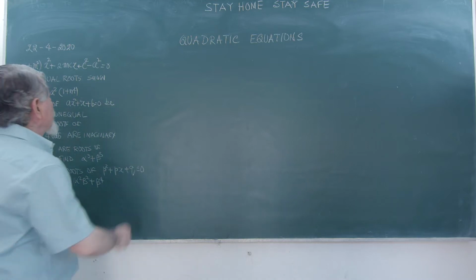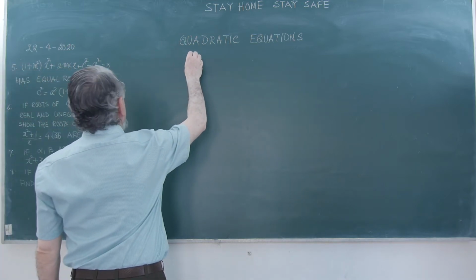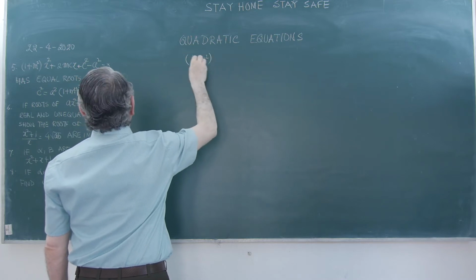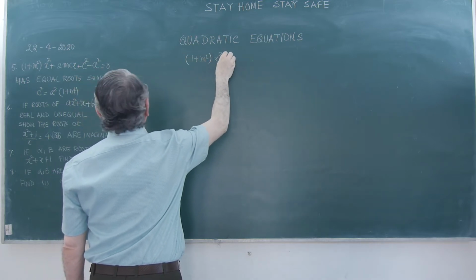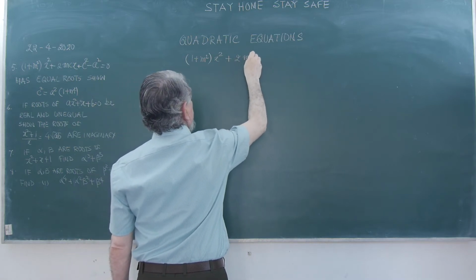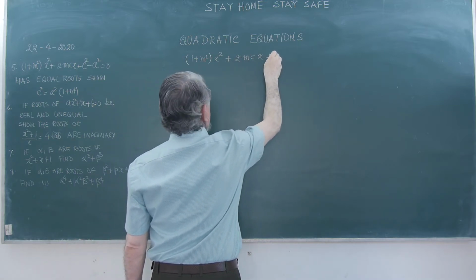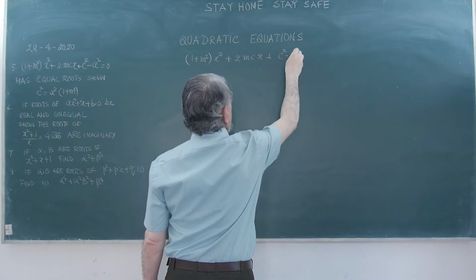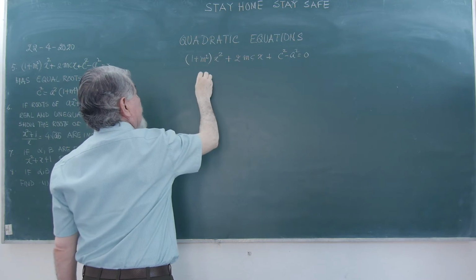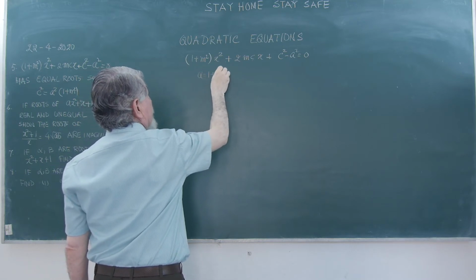In the quadratic equation, like he has written, (1 plus m square) x square plus 2mcx plus c square minus a square is equal to 0, the value of a is 1 plus m square.